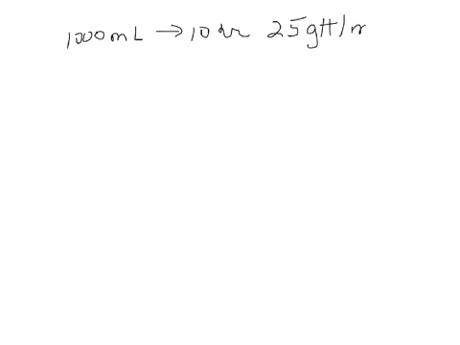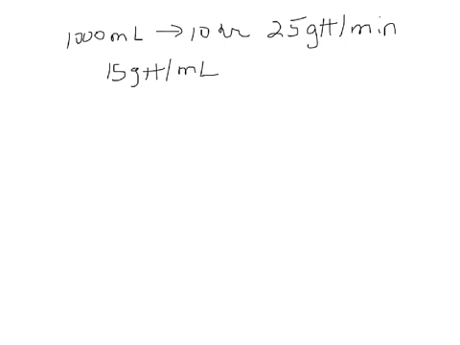So let me show you how to work one of those if we are recalculating. Let's say that we have an IV of 1,000 milliliters that was ordered to infuse over 10 hours. And it was to go at a rate of 25 drops per minute. The set calibration is 15 drops per milliliter.